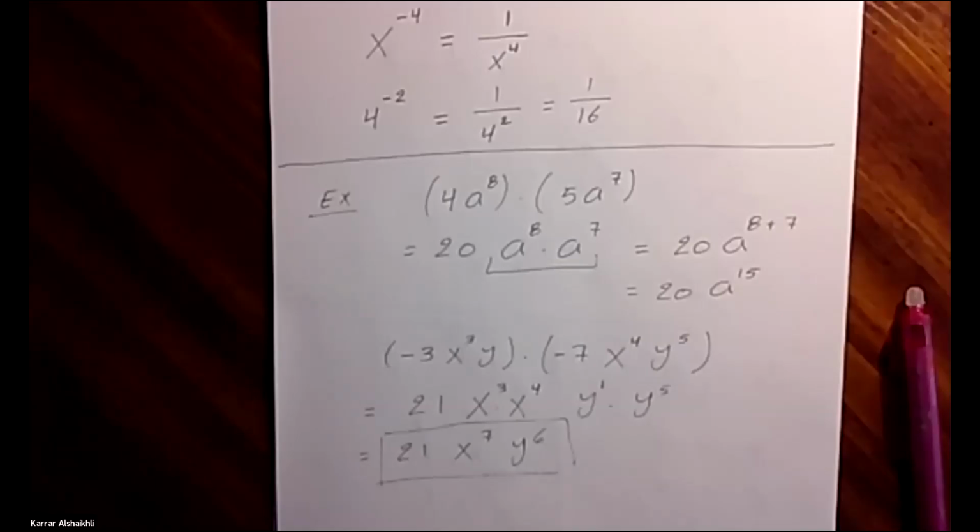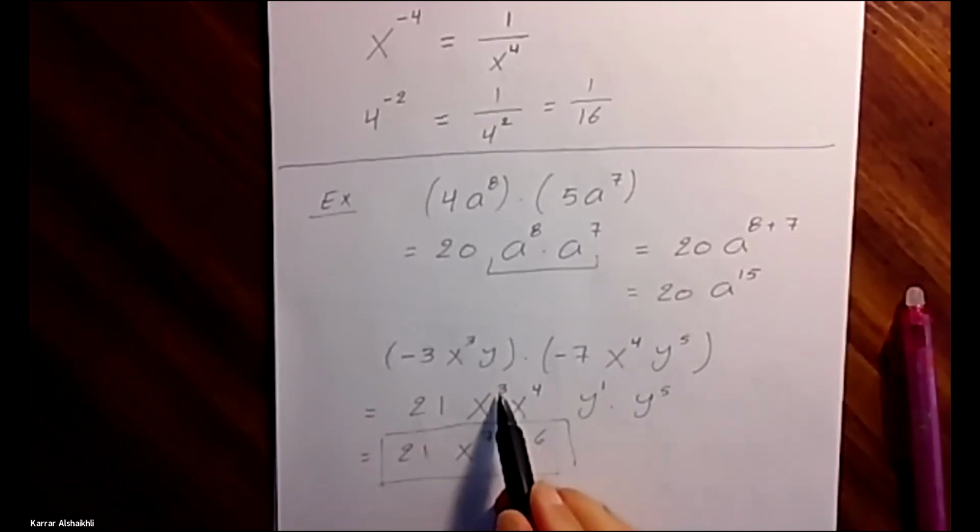Sir, when are we going to add the exponents? You're going to add the exponents when it's multiplication between the same base with different exponents, exactly like rule number 1. You see, x and x, the same base. So we're going to add the exponents.